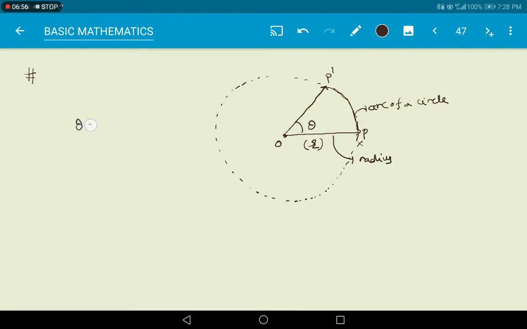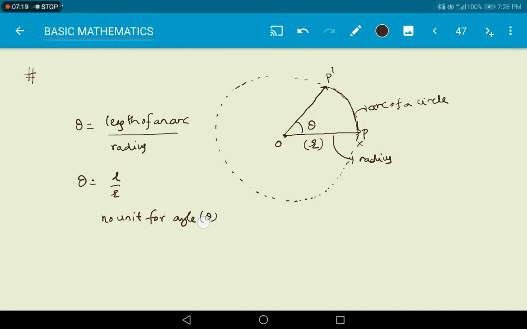So theta is the ratio between the length of an arc by the radius. Therefore theta equals L by R, and there is no unit for angle, but in physics this is considered a supplementary fundamental physical quantity. It has a unit, and its unit is radian.